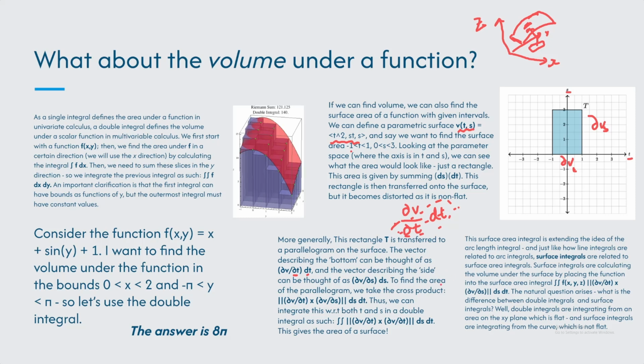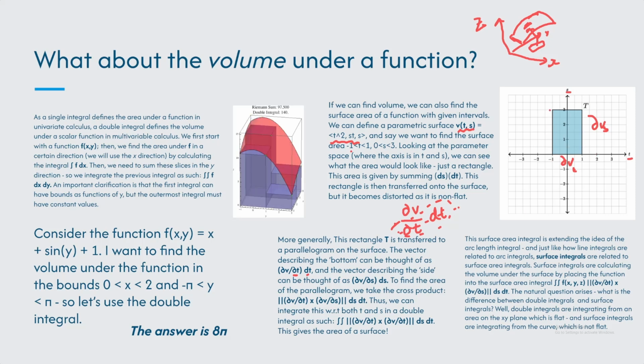To find the area of this parallelogram, we take the cross product. We have the bottom and we have a side, so we take the cross product, and because these two are scalar quantities, we can take them out of the cross product and it just becomes ds dt. So we have this parallelogram, and this allows us to integrate once with ds, so we get this line, and then dt to extend, so all these slices of s can be put together.